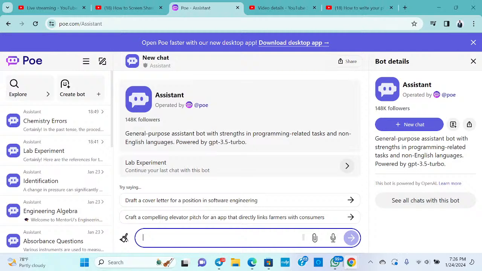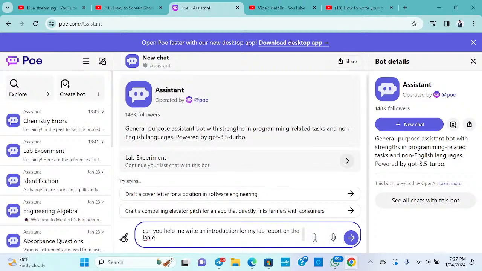You can just come and type, can you help me write an introduction for my lab report on the lab experiments, topic is volume conserved.